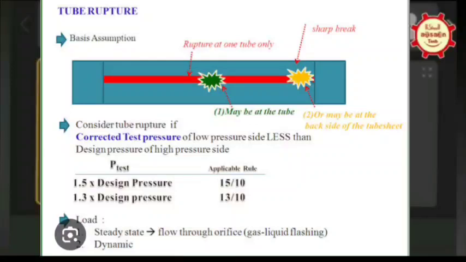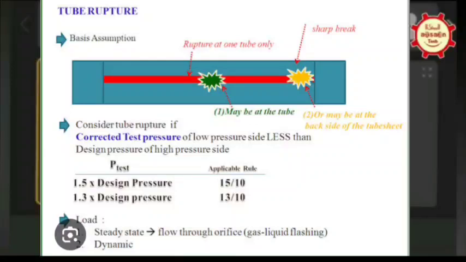That's why I'm asking. Yes, in this case we have to change the design pressure if we apply the 10 by 13 rule. You need to increase the design pressure of the lower pressure side.